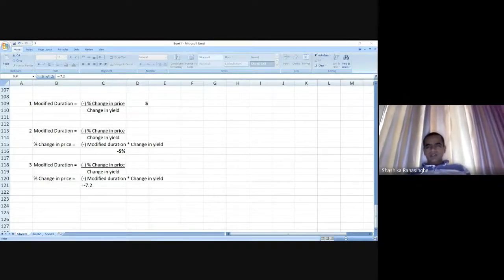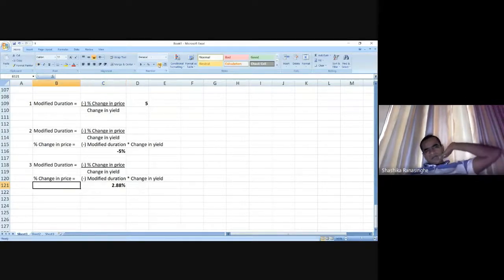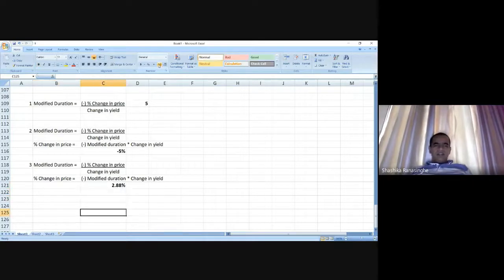It's dropping from 8.3 to 7.9%. So the percentage change in price is an increase of 2.88% in line with our initial assumption.